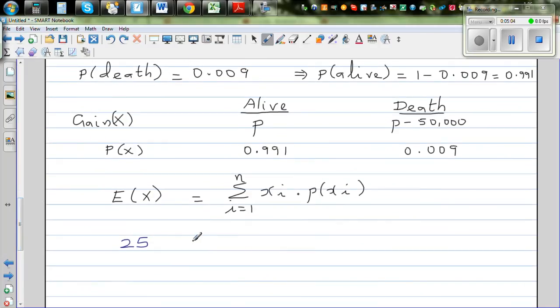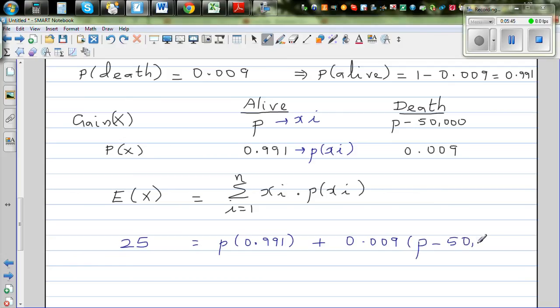So I can say 25 is equal to P times 0.991, where P is your xi, and 0.991 is your probability of xi. So this is your random variable, and this is the probability of that random variable. This is P times 0.991 plus, because it's sigma, 0.009 times the respective random variable, which is P minus 50,000.